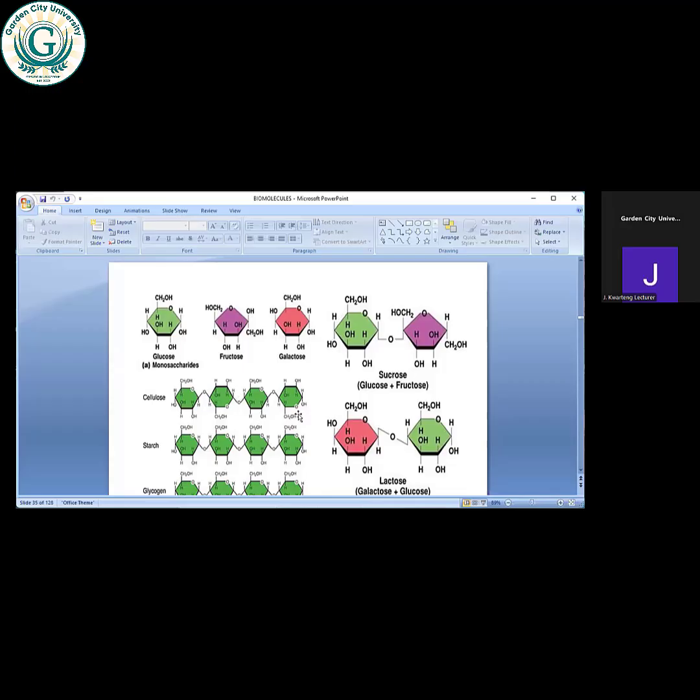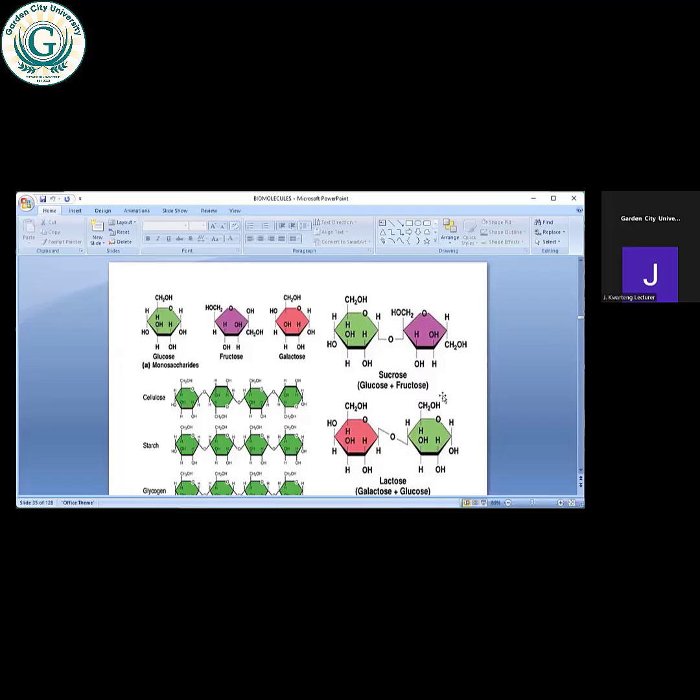Then we have those we call oligosaccharides. They contain between 3 to about 10 or 12 of the simple sugar units. So if it's 1, it's a monosaccharide. If it's 2, it's what? Disaccharide. If it's 3 up to about 10 to 12, we classify it as what?